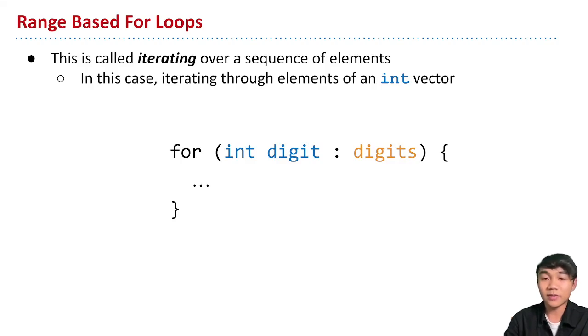So in this case, this loop iterates through elements of the int vector called digits. So every time that this digit variable gets assigned some value, one of the elements within the int vector digits, that would be called one iteration. And during that iteration, we will run the lines of code within the curly braces.